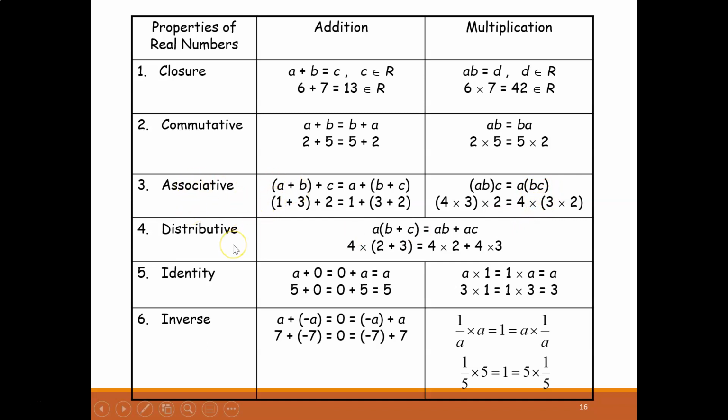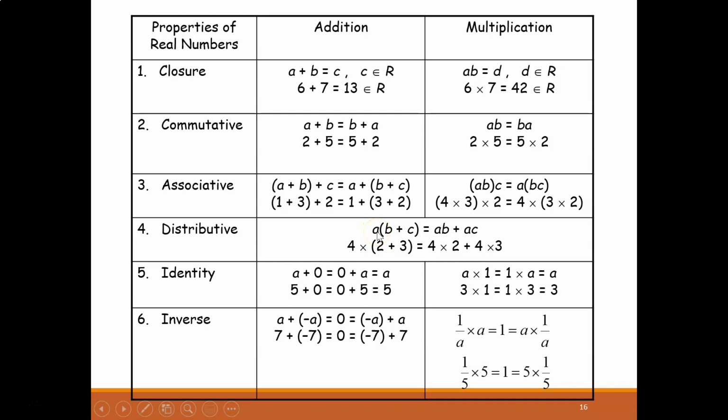And then the fourth property will be distributive. Okay, distributive means you distribute. Distribute mean kita bagi-bagi kan? Kita edar-edarkan dia. So distribute also means you kembangkan dia, you expand it. So you have A and then you have bracket B plus C. So what happens when you have this bracket and you have A over here?